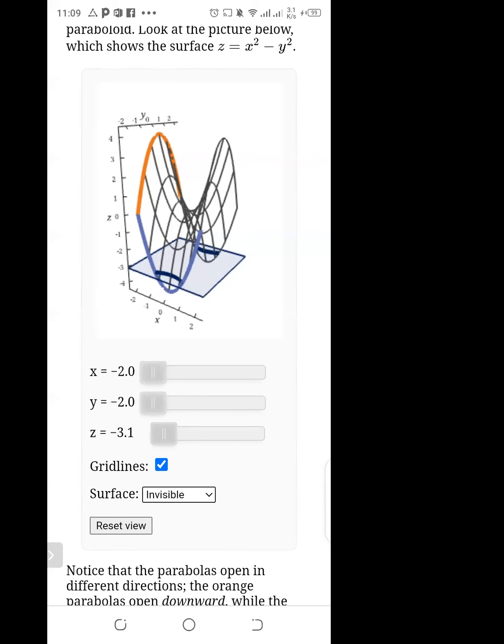I go to Z is equal to -3. You see that the intersection between the hyperbolic paraboloid and this plane is an ellipse. We go to -2, still we get an ellipse.